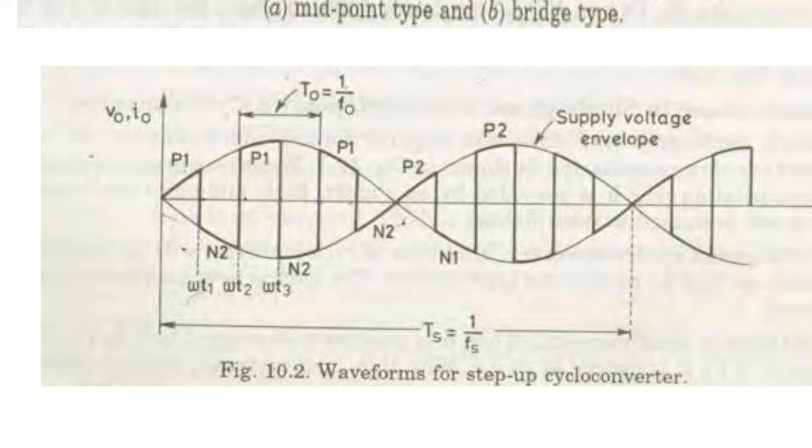So we can see that there is a step up in frequency using turning on and turning off of the two SCRs during the first positive half cycle and the two SCRs during the negative half cycle. That means P1 and N2 for the first positive half cycle and P2 and N1 for the negative half cycle are used to step up the frequency.